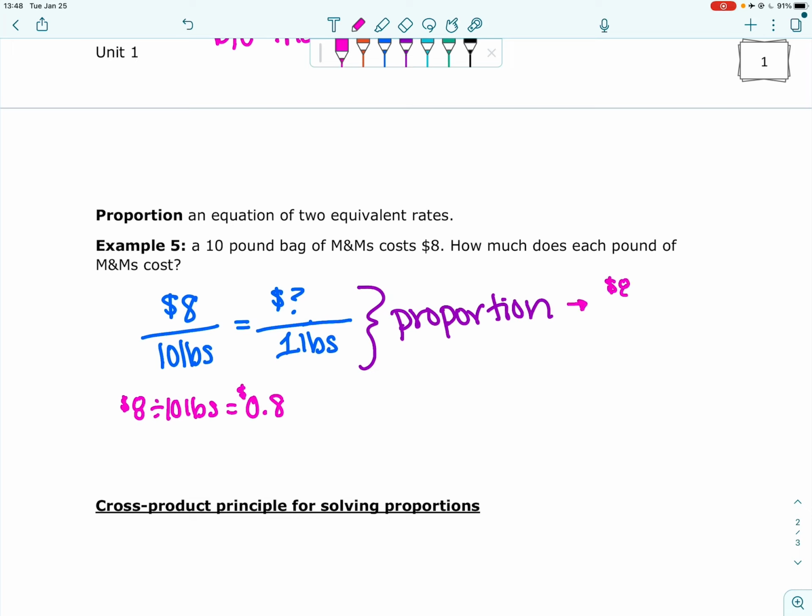So it's $8 for 10 pounds, and that's equivalent to 80 cents for 1 pound. Again, this is a proportion. I have two rates that are equal to one another.